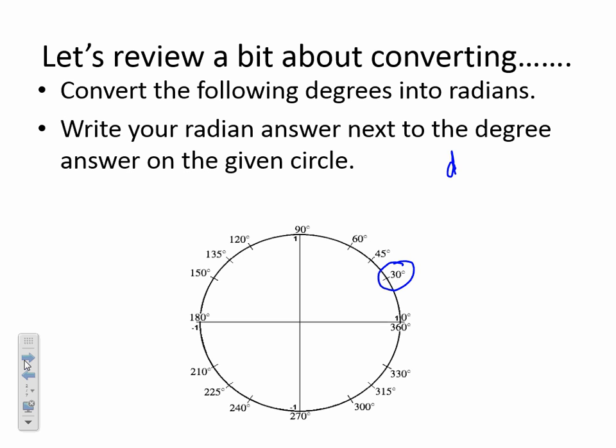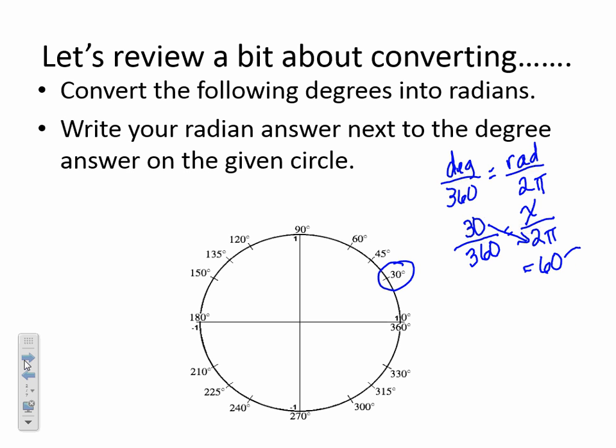So the formula is degrees over 360 equals the number of radians over 2 pi. So if we place the 30 degrees in where the degrees goes, we have degrees over 360 equals x, because that's the number of radians we're trying to find, over 2 pi. And now we'll go ahead and cross multiply to solve this. 30 times 2 is 60, so we have 60 pi.